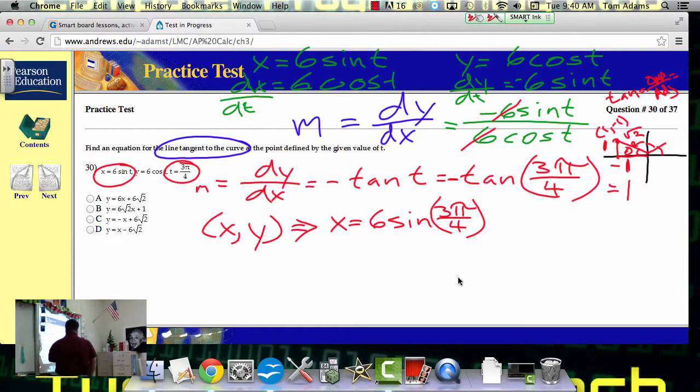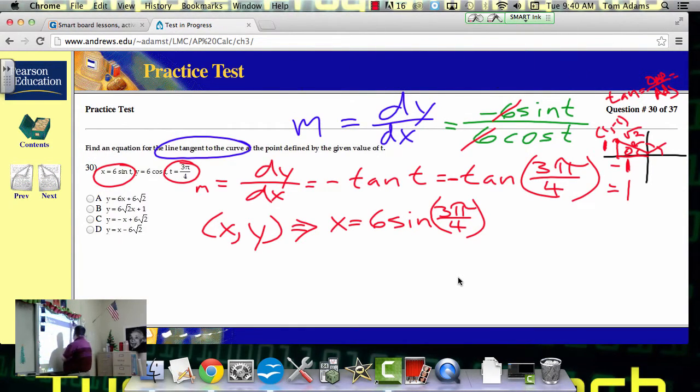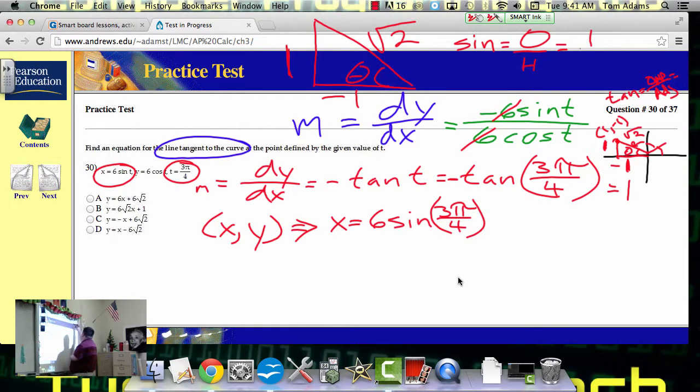Same triangle, where this is negative 1, this is 1, this is the square root of 2, and this is our angle theta. So sine is opposite over hypotenuse, which is going to be 1 over 2.